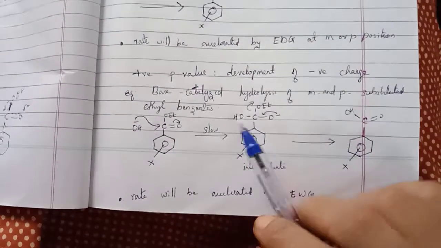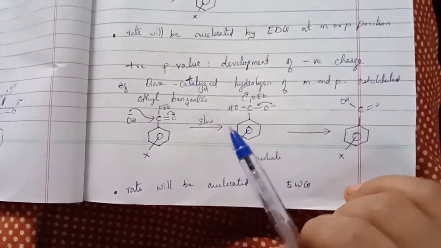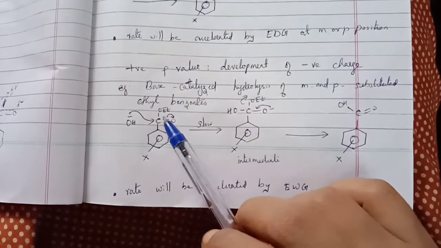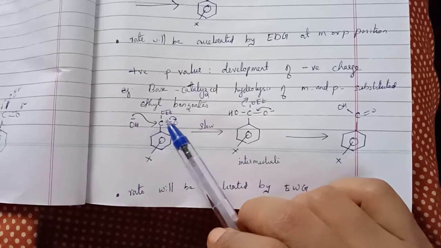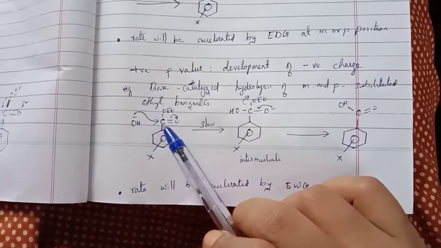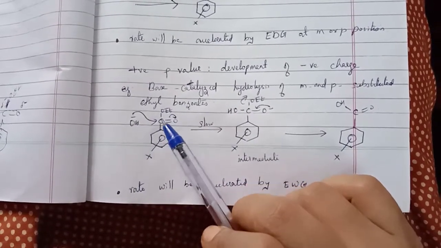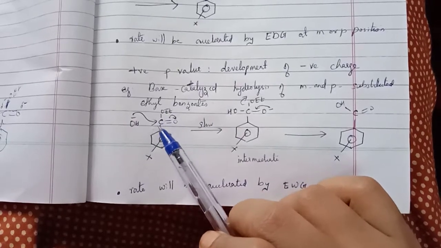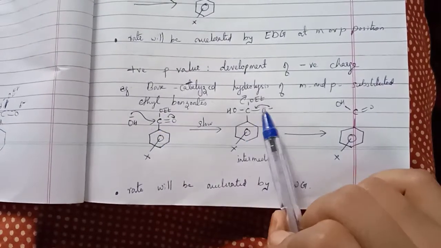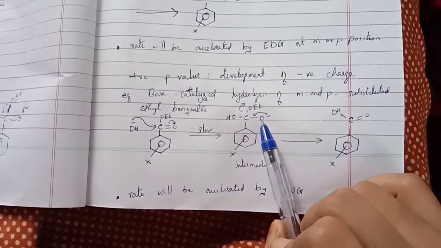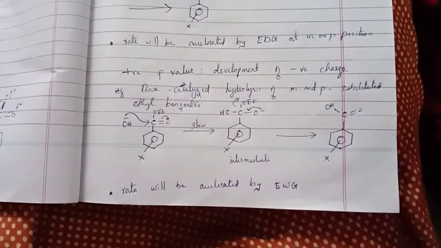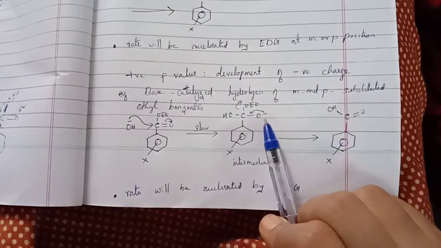In this case, or you can consider in another way, the reaction center is this carbon and this oxygen. Okay, this carbon is the reaction center. O minus attacks this carbon, OEt leaves from this carbon. So C is the reaction center. So near to the reaction center, a negative charge is developing on the oxygen. So you can consider like that also. For remembering the reaction, you can consider like that also.